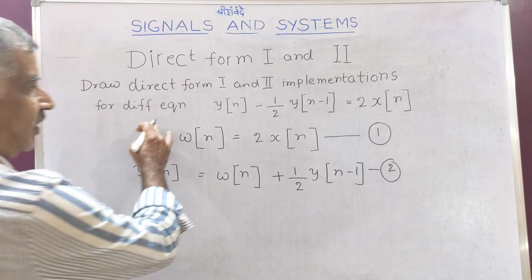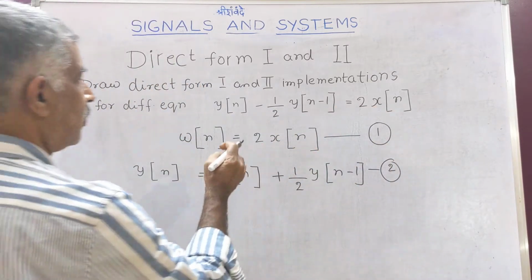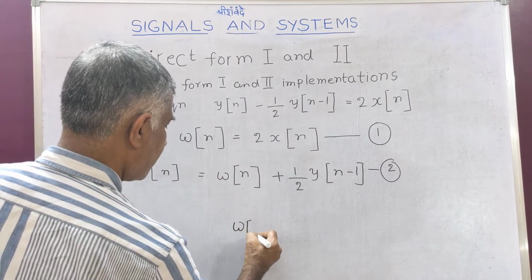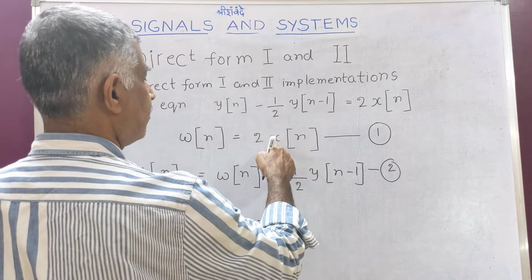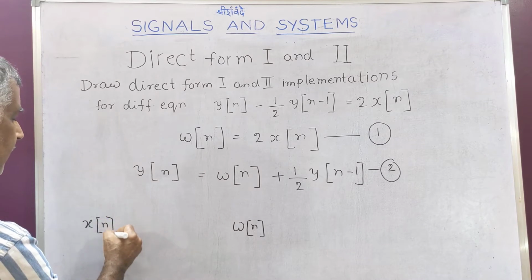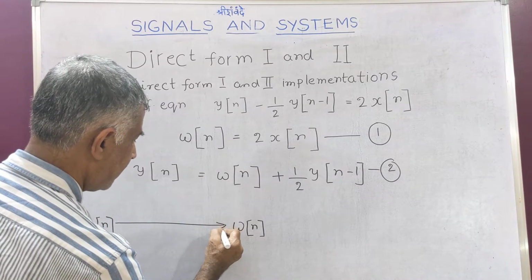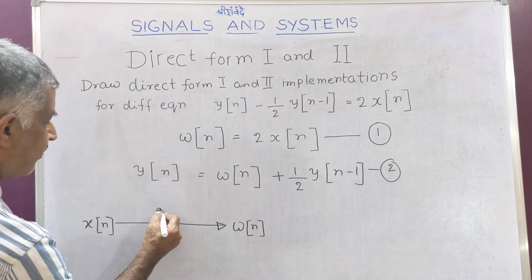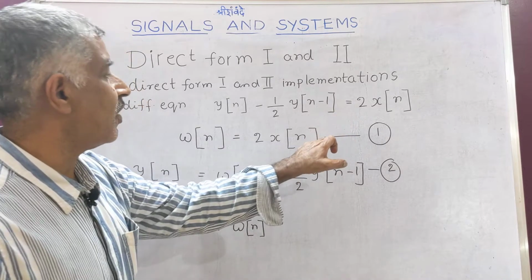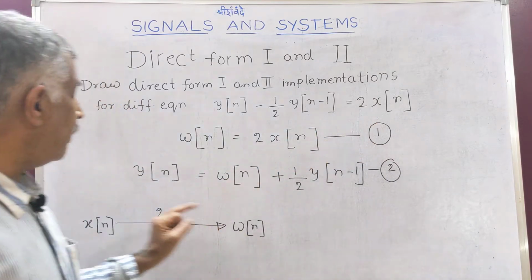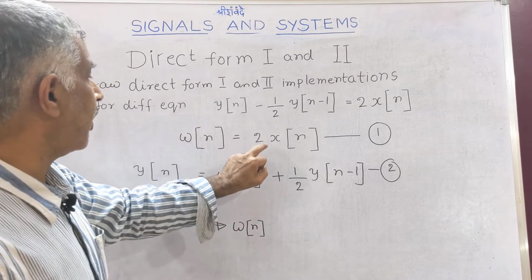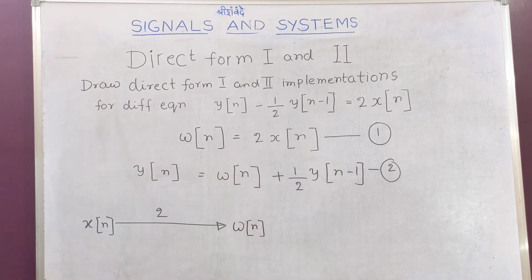First, the block diagram for equation 1. What is w of n? w of n is a signal, and here there is only x of n, so w of n is 2 times x of n. If other terms were there, like x of n minus 1, we would have to introduce what is called a shift element. Otherwise, it is one and only one term, 2 times x of n.